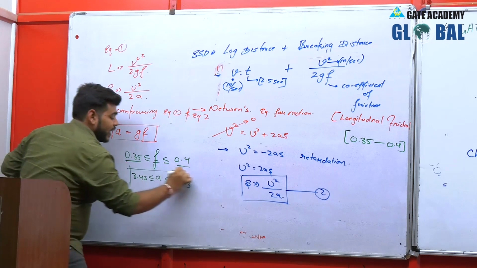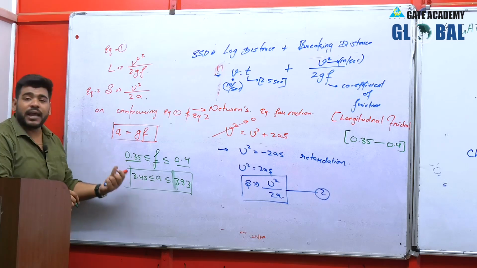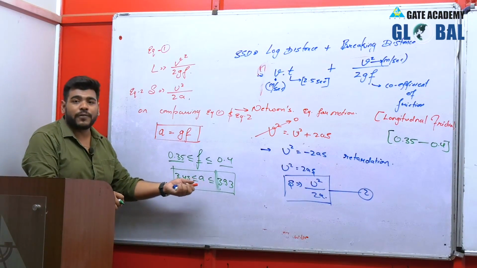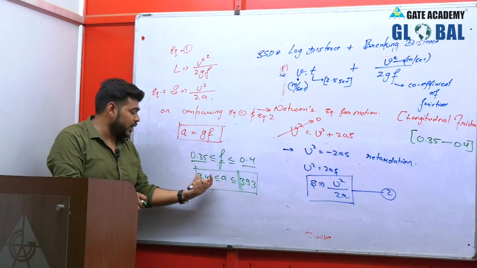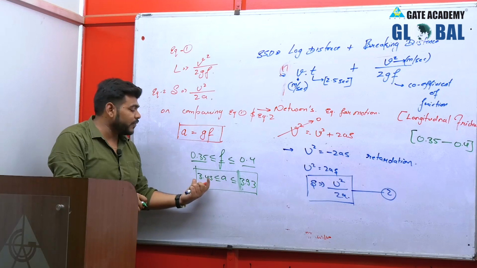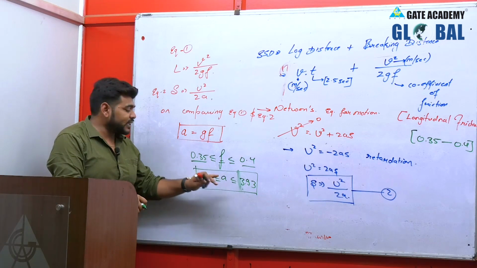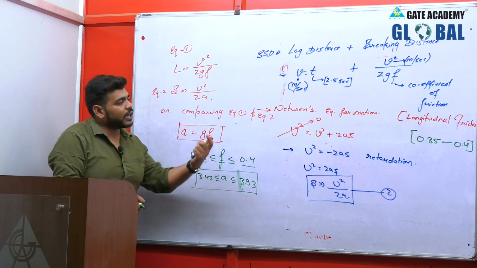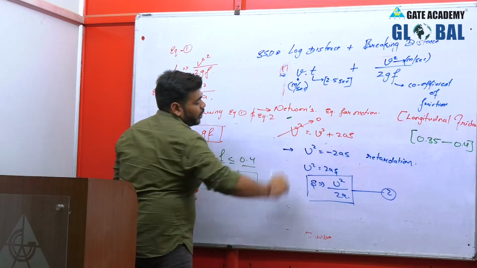So if asked what the range of a is, or the retardation for longitudinal friction, it lies between 3.43 and 3.93. This question was already asked in GATE, and we can compare it very easily from Newton's equation of motion.